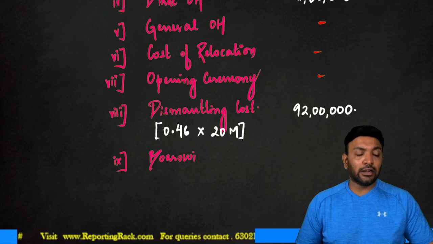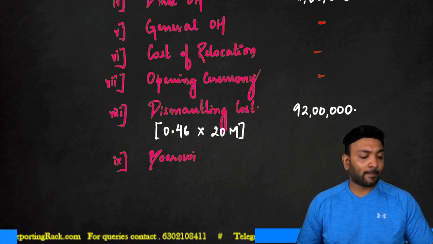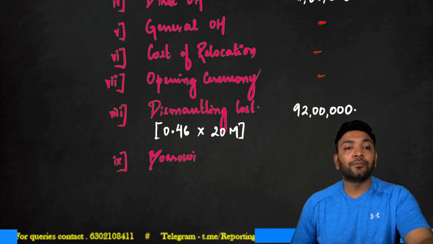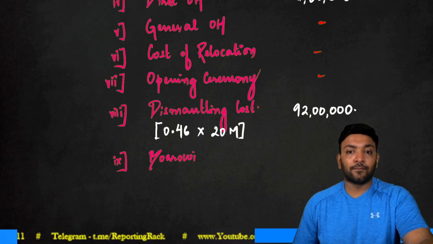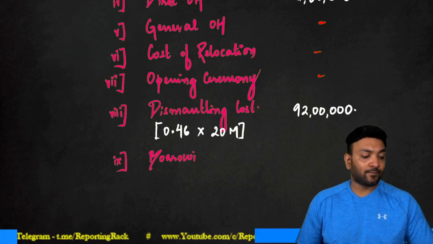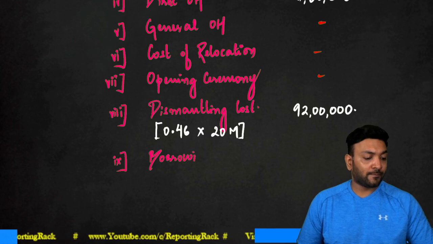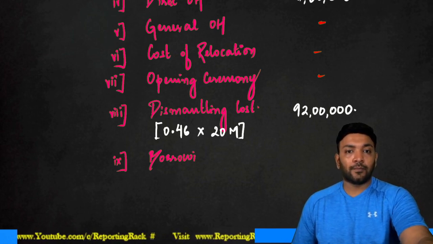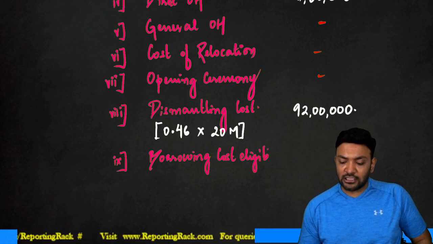Borrowing cost eligible to be capitalized: 17.5 million into 6%.